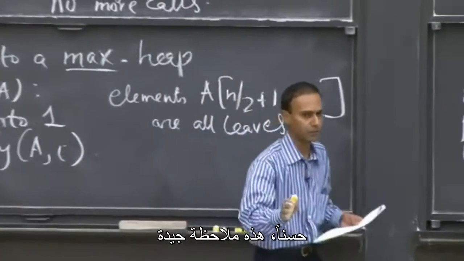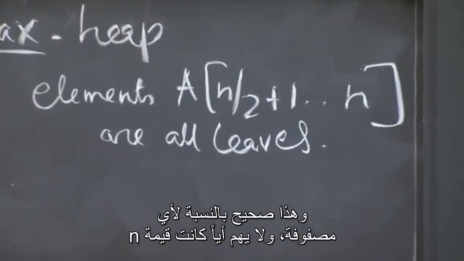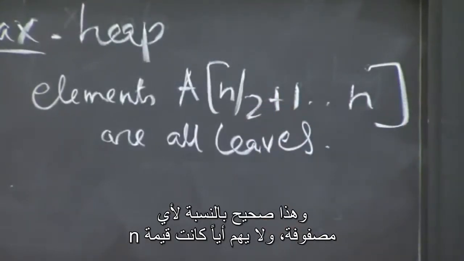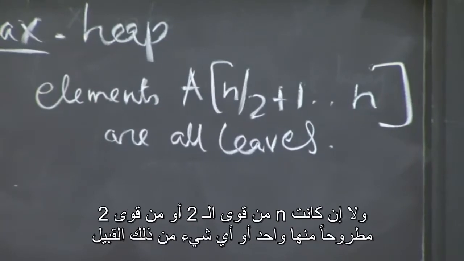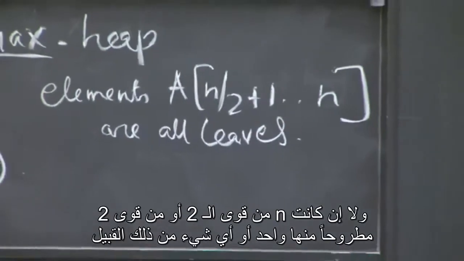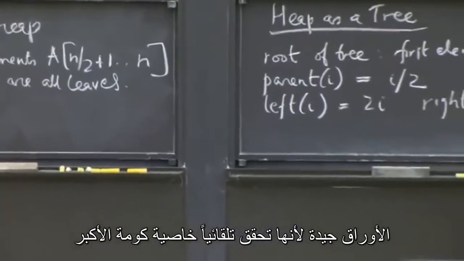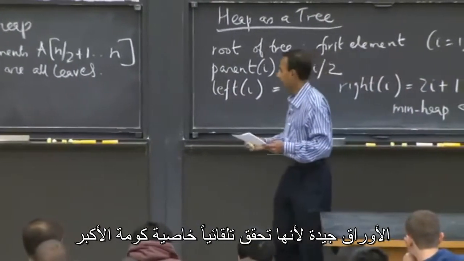That's a good observation. And this is true for any array. Doesn't matter what n is. It doesn't have to be a power of 2 or 2 raised to n minus 1 or anything like that. And leaves are good because they automatically satisfy the max heap property.